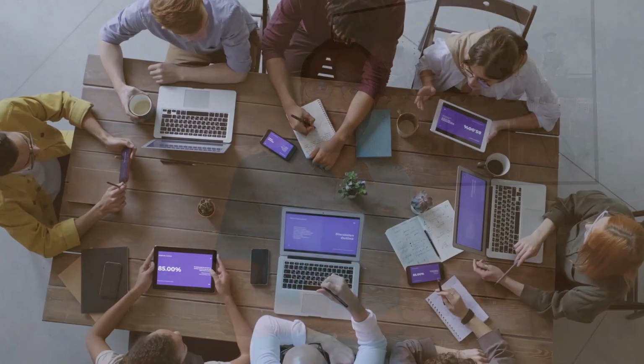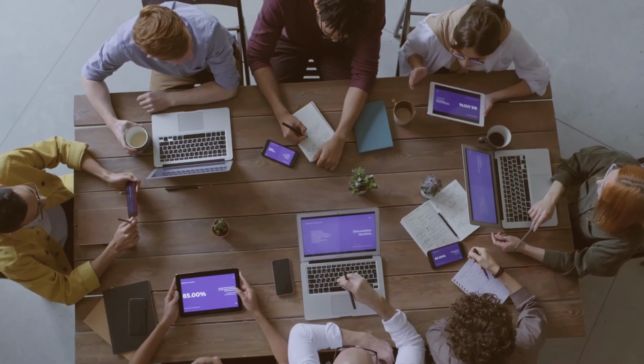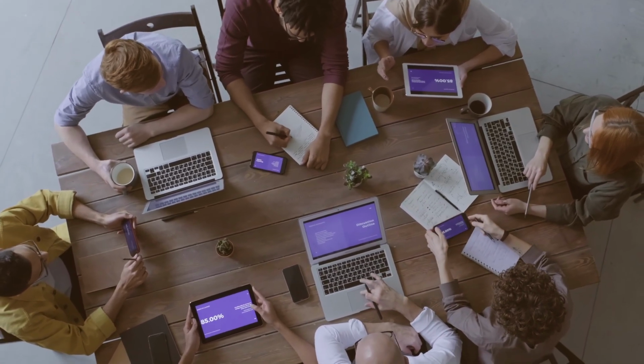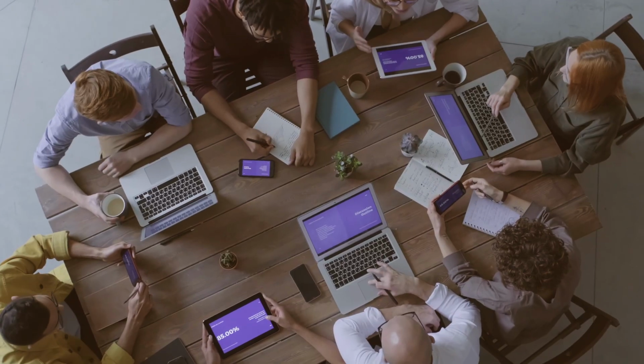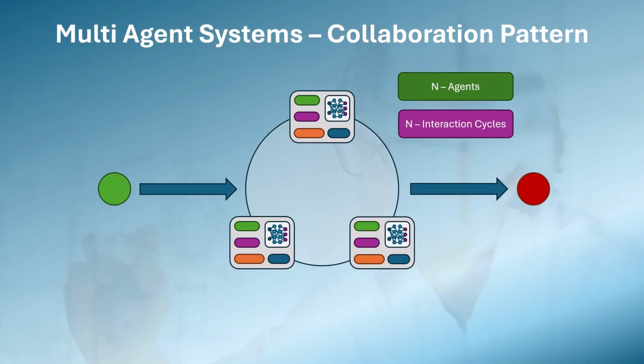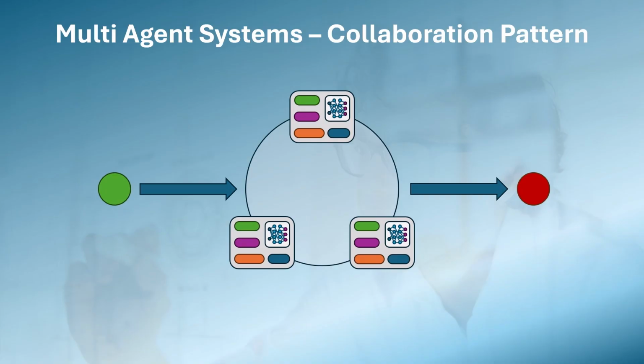You can have someone studying the way a certain team can work together, right? If a team is in a project and someone decides, okay, for this project, we are going to use a hierarchical pattern. So this person A is the leader. Then we have these three managers, and then we have these three executors. This is a pattern. Or we can have a team that has no leader, they all collaborate at the same level. So in this case, when we are designing the way a team works, we are doing a multi-agent system.